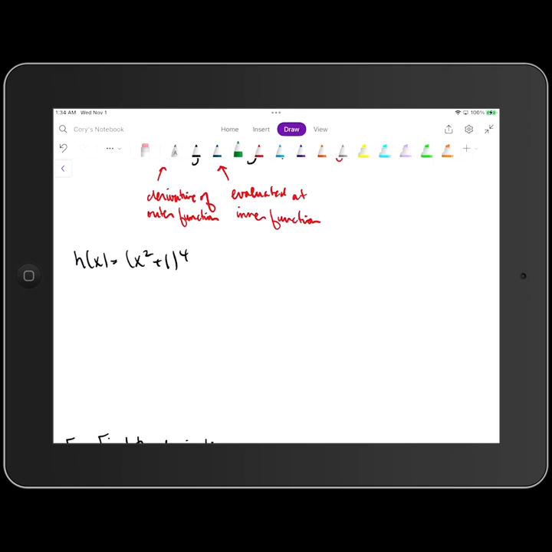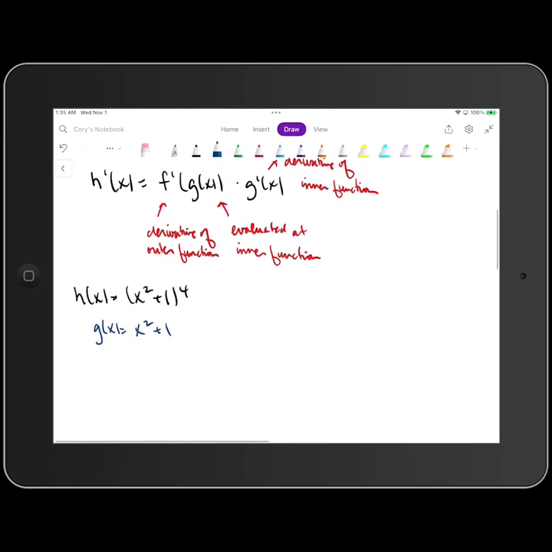So when we look at this function here, the inner function in the composition was the function g of x, which is x squared plus 1. The outer function in our composition was f of x, and the outer function in that composite function is x raised to the 4th power.